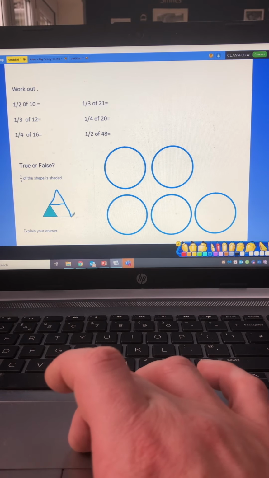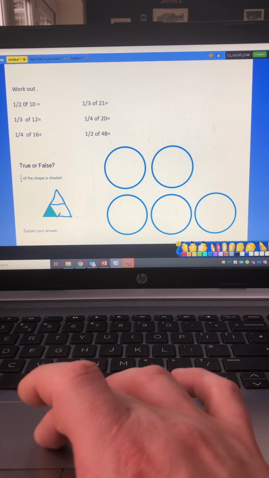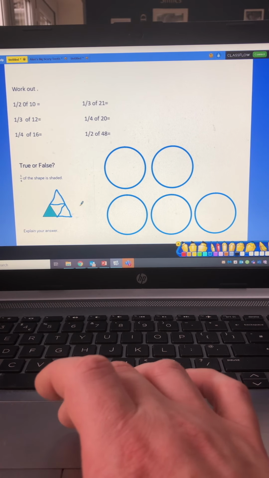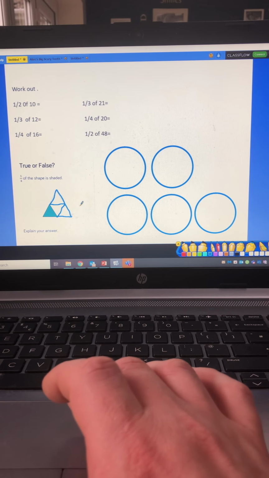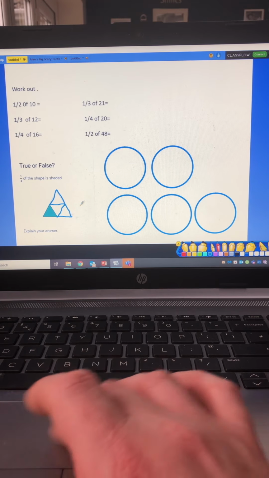We have the outside of the triangle going around there, and from this bottom point up to the top point there, we can clearly see that we have one part of 4 equal parts that are coloured, and therefore we would be able to work out that it is indeed true, 1/4 has been coloured, and this is how we would explain our answer.